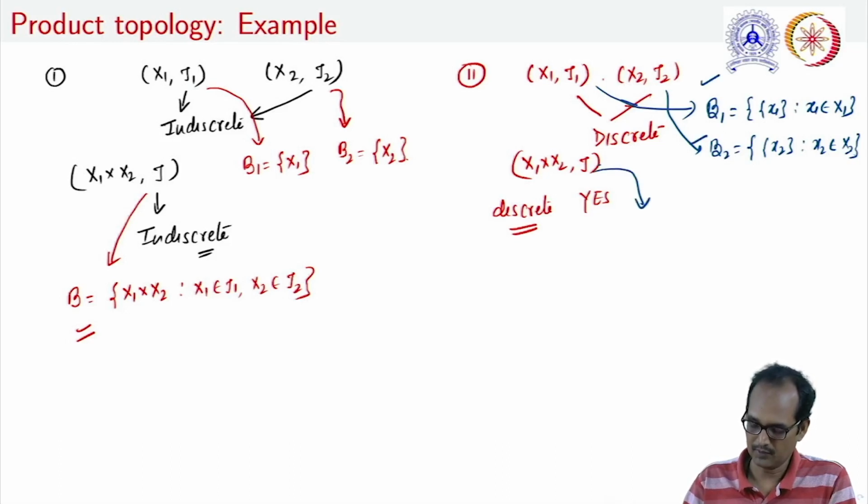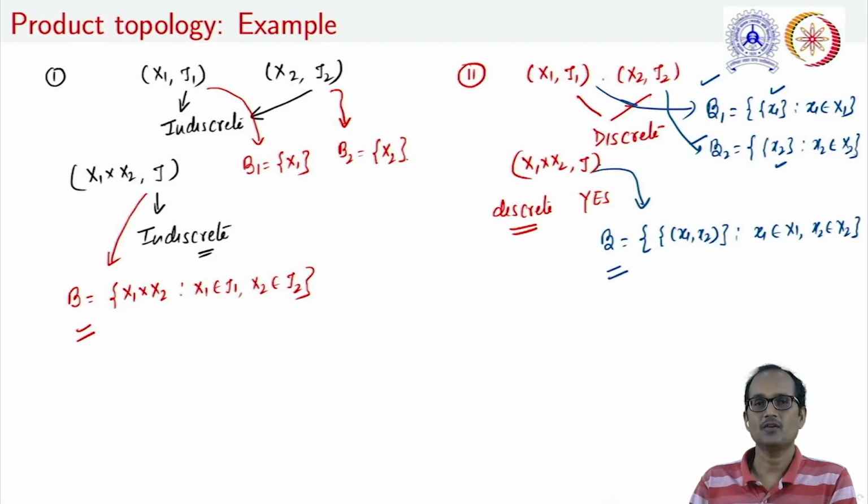From B1 and B2, we can construct a basis for this topology, that is the Cartesian product of all singleton sets, and that will be given by again a singleton set consisting of the ordered pair {(x1, x2)}, where x1 belongs to X1 and x2 belongs to X2. As this is a collection of singleton subsets of X1 cross X2, the topology generated by this basis will be the discrete topology. Our final conclusion is that the product of two discrete topological spaces is discrete.